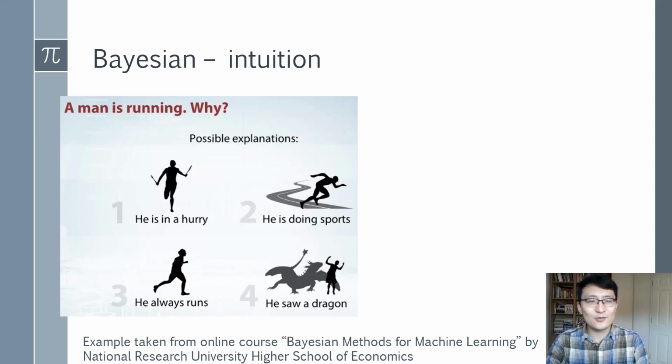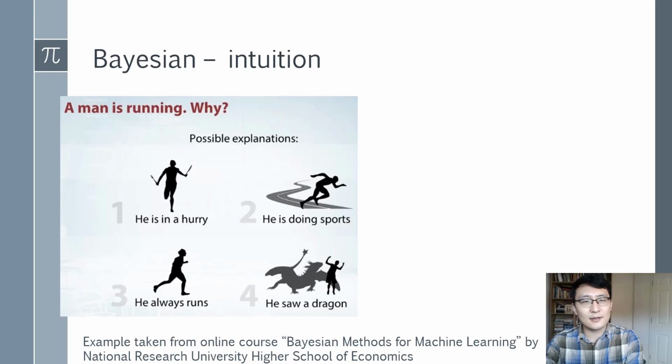This is one of my favorite examples of Bayesian intuition. I don't want to make things very technical, so I think it's a good idea to get some intuition first. This example is from an online course called Bayesian Methods for Machine Learning on Coursera.